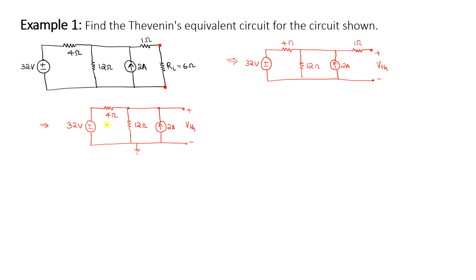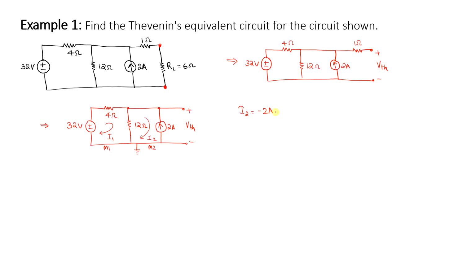Let me consider this as mesh 1 and this as mesh 2. I will name this current I1 and this current I2. If you see here, the current I2 is opposite in direction to the 2 amps, right? So I can write I2 equal to minus 2 amps.